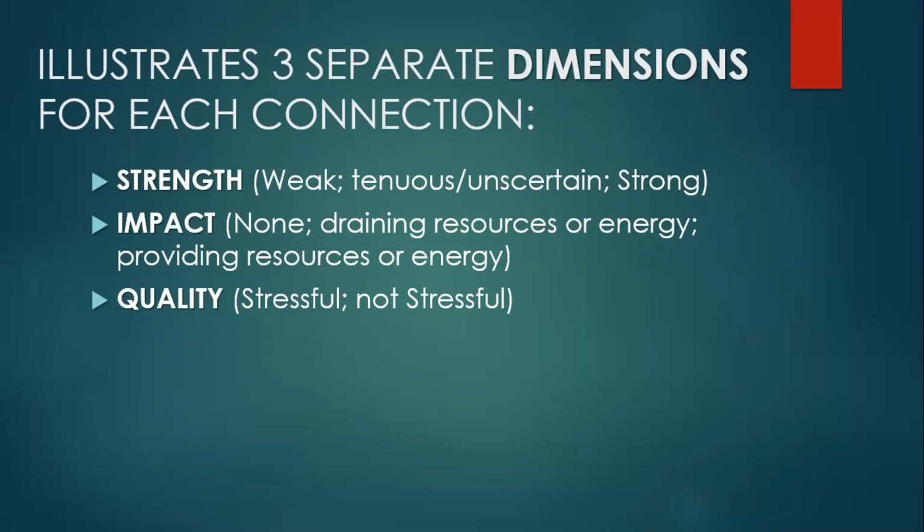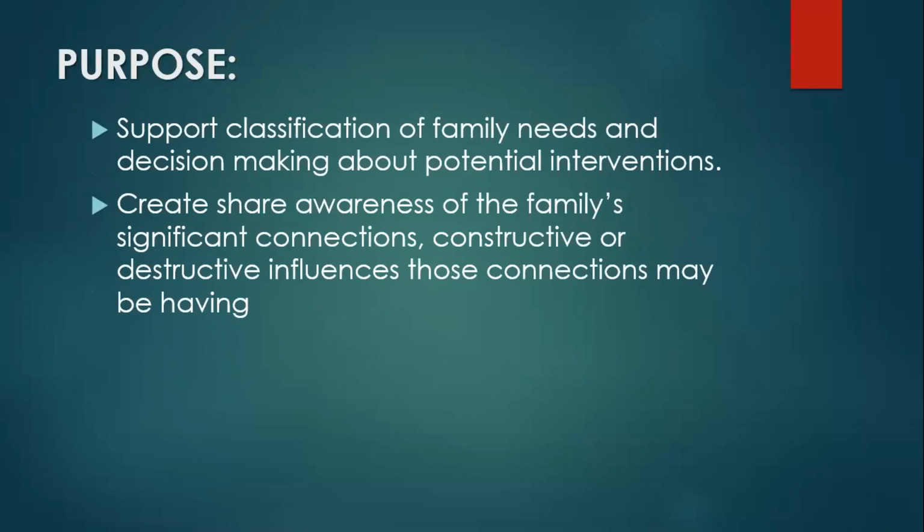As for quality, it can be stressful or not stressful. Its purpose is primarily to support the classification of family needs and decision making about potential interventions. It creates shared awareness of the family's significant connections, and the constructive or destructive influences those connections may be having.